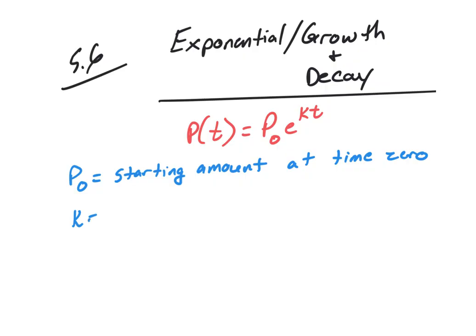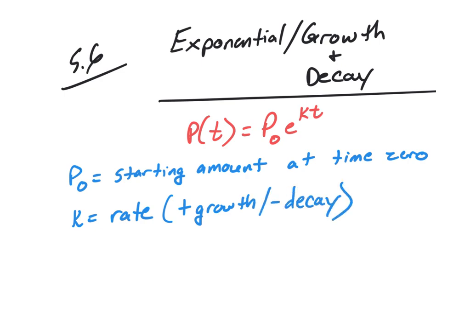K is going to be the rate. In the PERT formula, we used R, and you could use R if you want to, but I think they use K here. If it's a positive number, that represents growth. If it's a negative number, then that's going to represent decay.